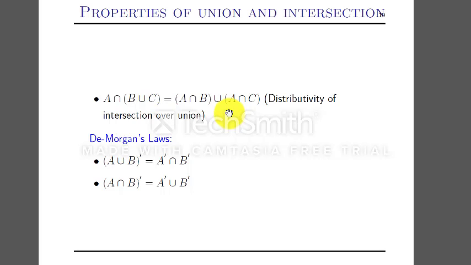Another law is De Morgan's law, which is very important, and which states that (A union B) whole complement is equal to A complement intersection B complement. Similarly, (A intersection B) whole complement is A complement union B complement.